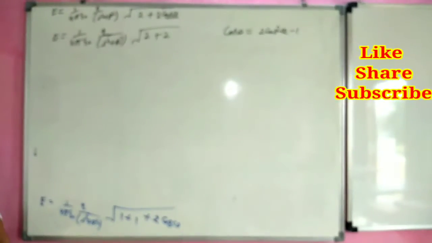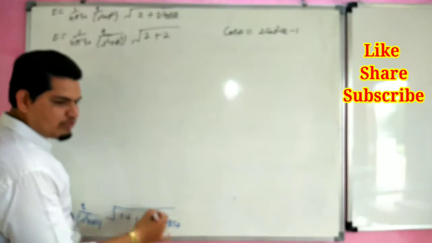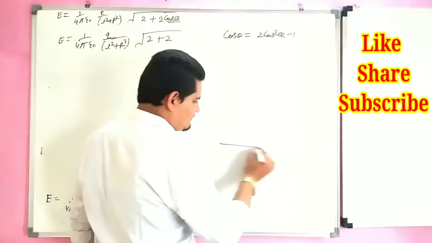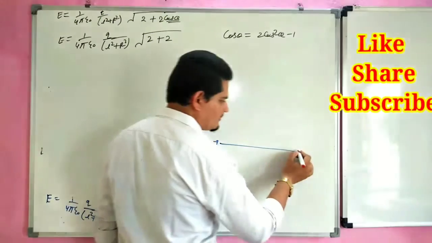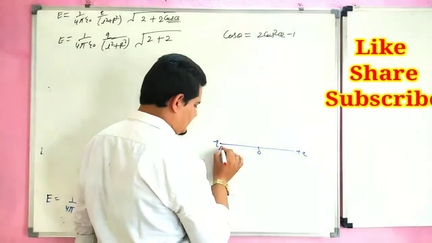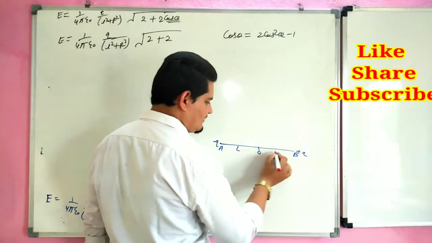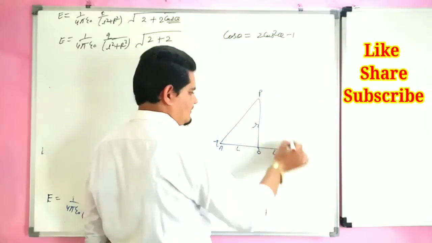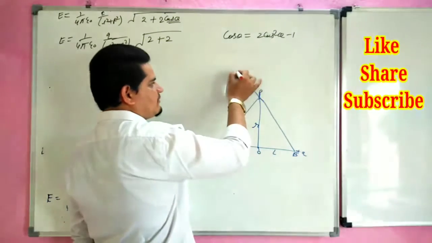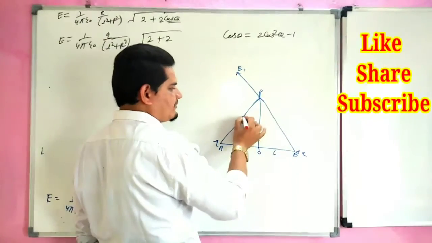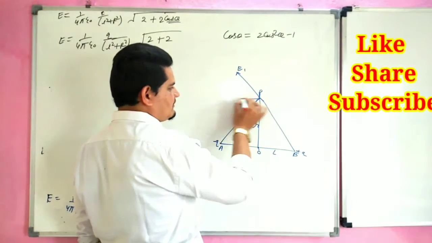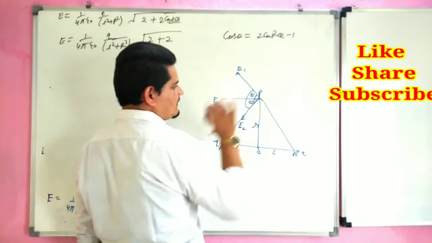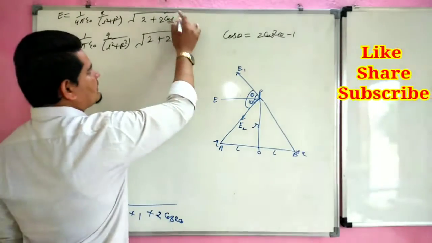This is not cos theta, this is cos 2 theta, because in the diagram this is our negative Q charge, this is our positive Q charge, this is point O, this is point A, this is point B, this is distance L, this is also distance L, this is point P, the distance R. This is the direction of electric field intensity E1, this is the direction of electric field intensity E2, but this is the total intensity E. So this is theta, it becomes 2 theta, not theta.